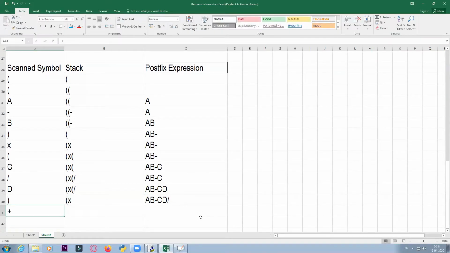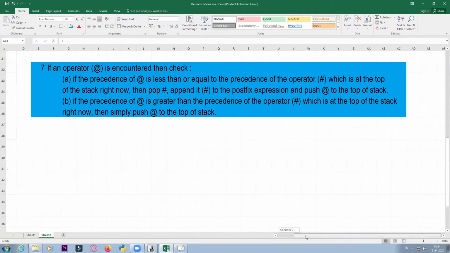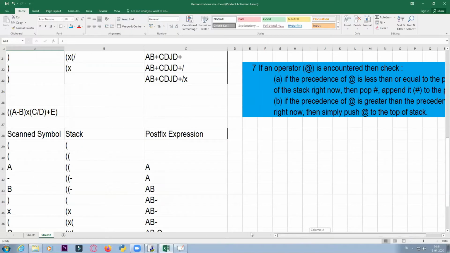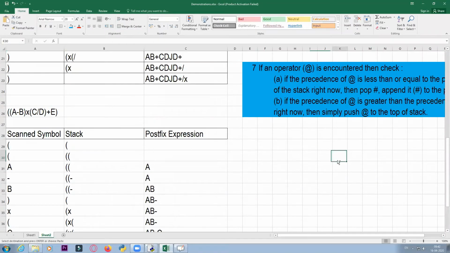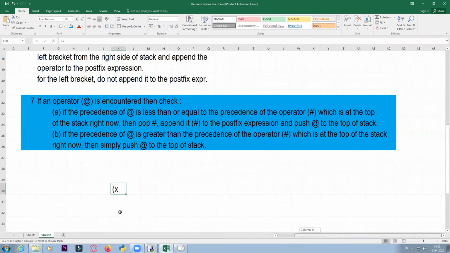Now everybody please pay attention very closely to this. This is the rule. Take a note of this rule very carefully. Now what do we have at the top of the stack? I'm going to take this stack, place it here, and what have we encountered so far?